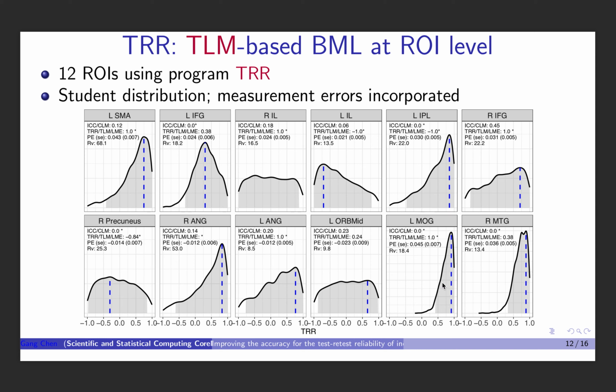For example, the last 2 regions on the second row are pretty reliable, and the distribution is pretty narrow. That means pretty precise. Some of the regions, like the first one and the last 2 on the first row, and the second one on the second row, their peaks are relatively high, but the distribution is pretty diffuse.